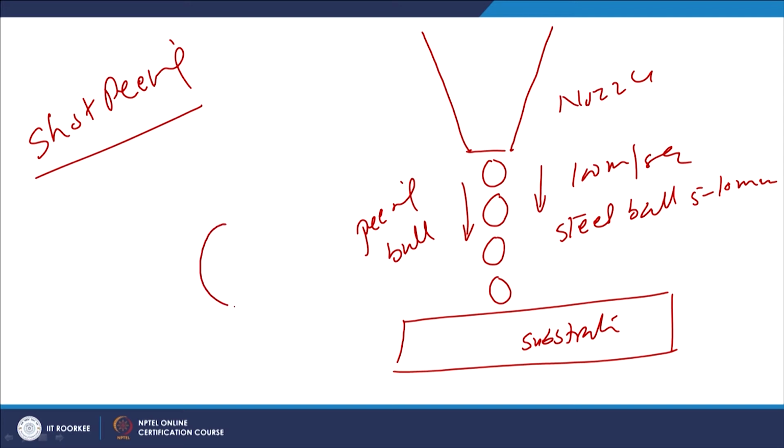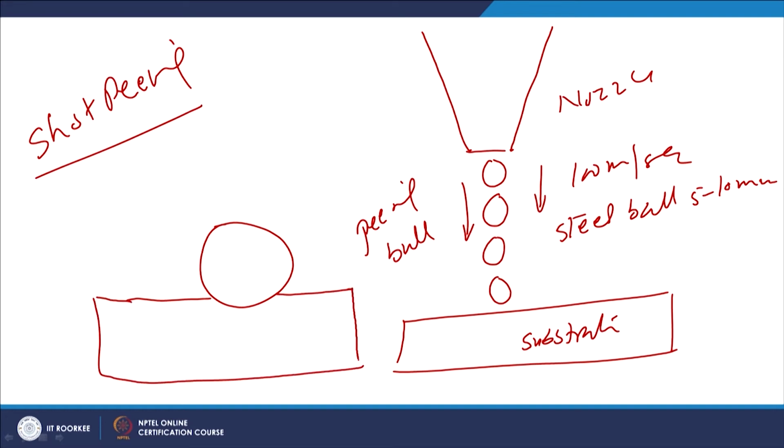Whenever these balls impact onto the surface of the substrate, you will see that plastic deformation of the surface layer is taking place if the material shows enough ductility. So, whenever there is impact, there will be indentation up to this much depth. At the same time, surface layers up to a certain depth will be subjected to plastic deformation.